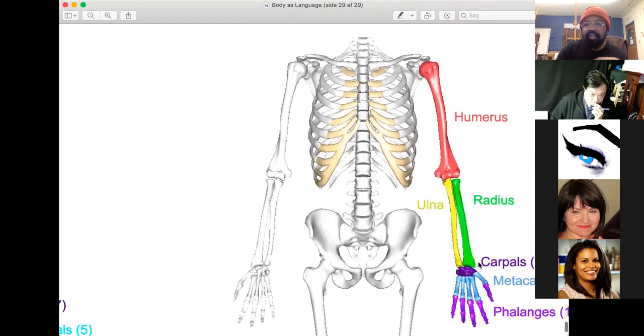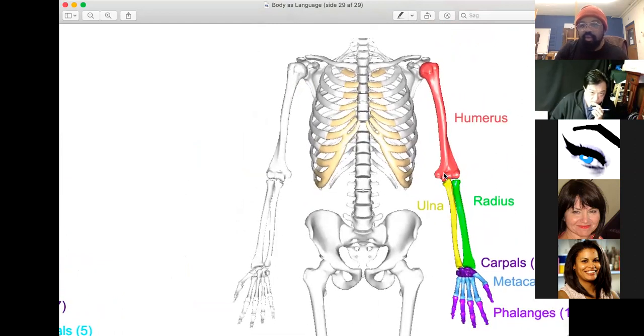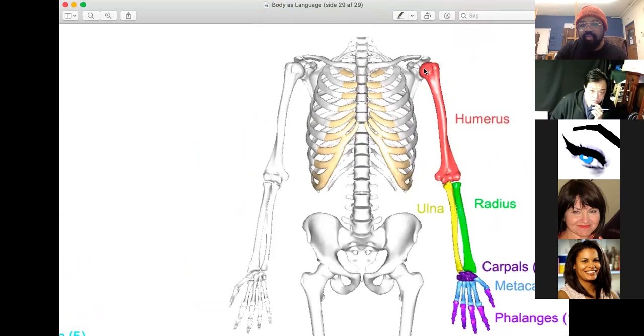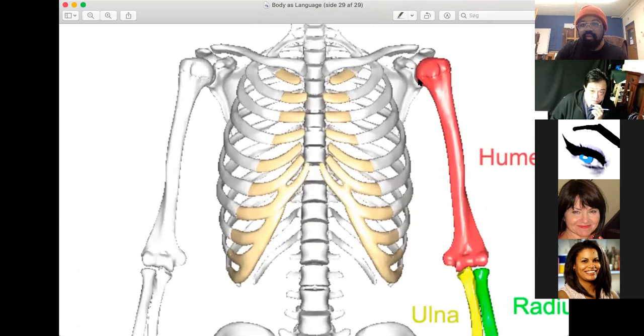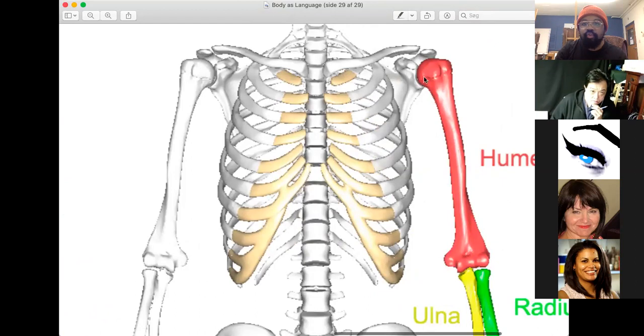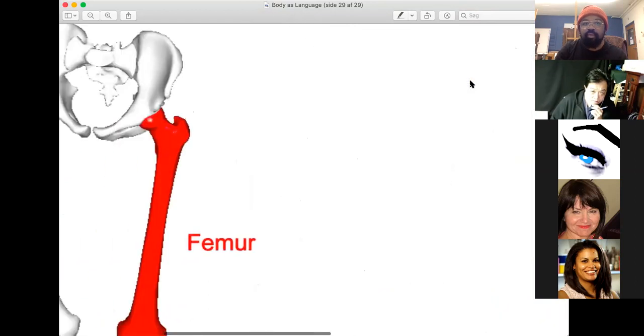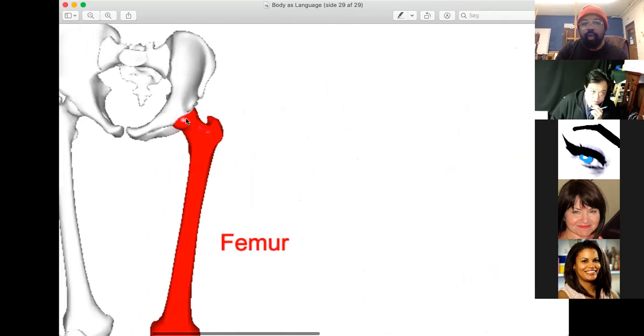But even looking at some of these characteristics, for example, the humerus connects into this ball and socket joint here by way of this tubercle on the head of the humerus, just as the ball of the femur connects into the socket joint in the pelvis.